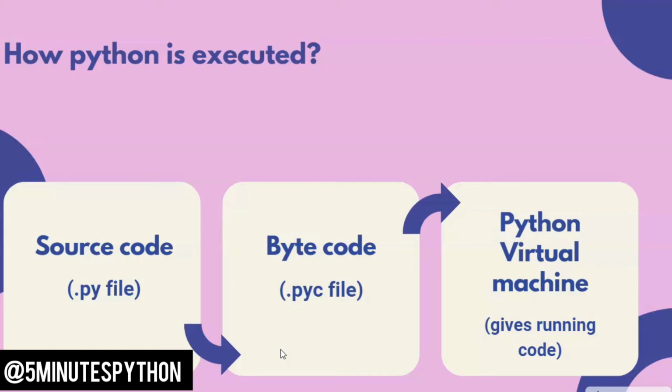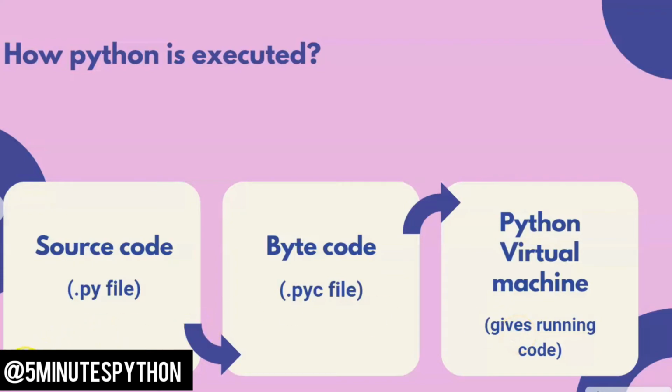And it cannot be run by the target machine directly. Instead, our bytecode is sent to the Python virtual machine. It is an interpreter which runs the bytecode, and it is specific to the target machine. This is how our Python code is executed, and it finally gives the running code, and finally we get the output of our program.